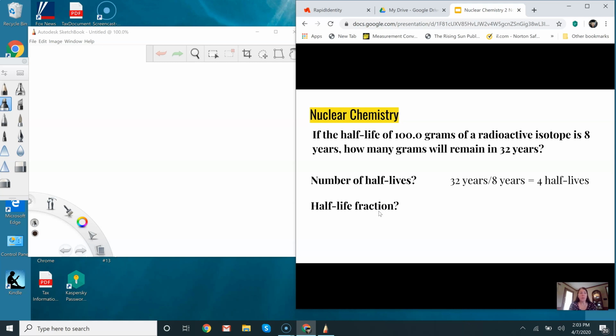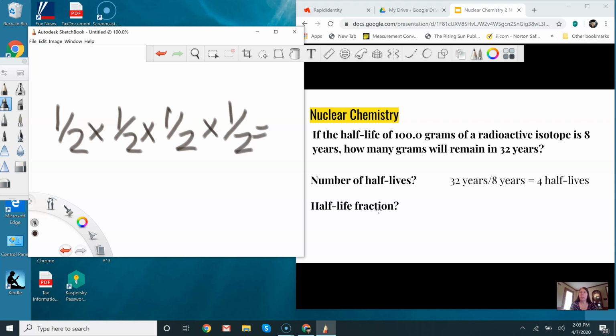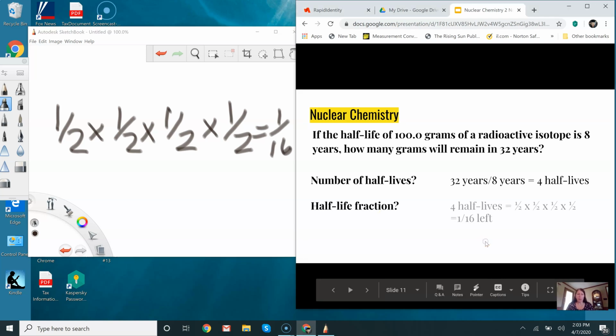In this case, we've done 4, so all we're going to do is 1/2 times 1/2 times 1/2 times 1/2 equals 1 over 2 times 2 is 4, times 2 is 8, times 2 is 16. So at this point, we're at 1/16 of whatever we started with.